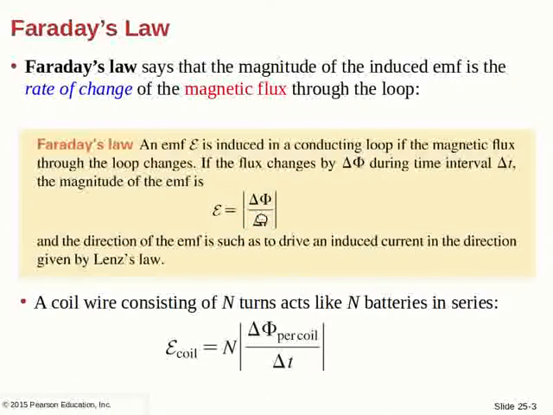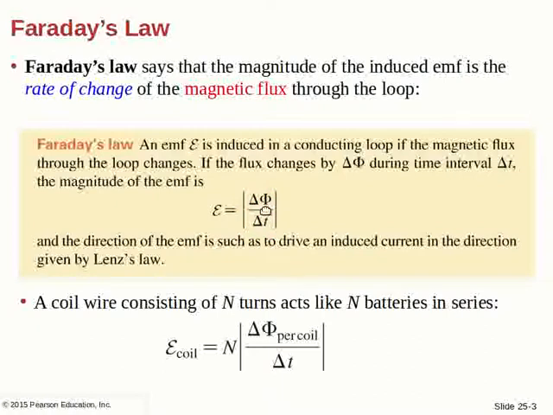So if the flux in that loop, the flux, not necessarily the field, because the flux is the field times the area, and the change is either positive or negative depending on whether the magnetic field strength across that area is increasing or decreasing. Okay, so delta phi then is a change in the magnetic flux over that loop. Delta t is the time over which that change occurs.